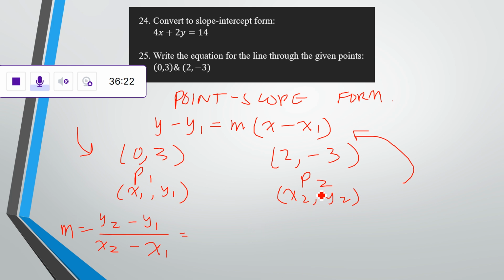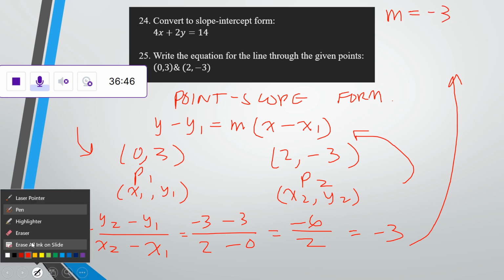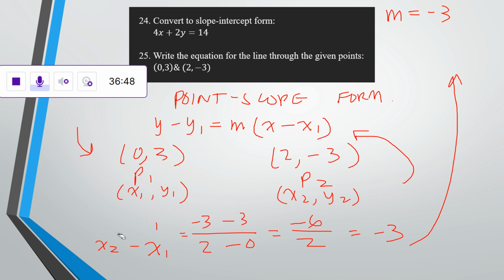Y sub 2 is given to us as negative 3 minus 3 divided by x sub 2, which is 2 minus 0. Negative 3 minus 3 gives you negative 6 divided by 2 gives you negative 3. So now we have our slope. I'm going to go ahead and write my slope up here so it doesn't get lost. And then I will go ahead and erase all of this stuff real quick just to give myself some more space.